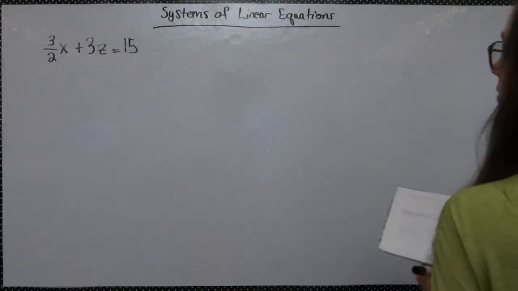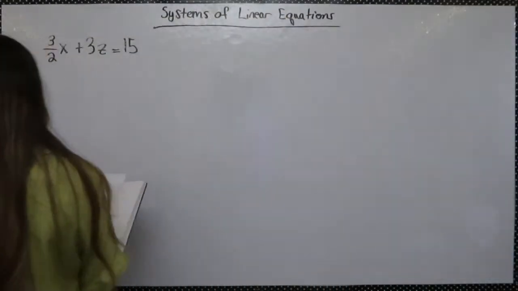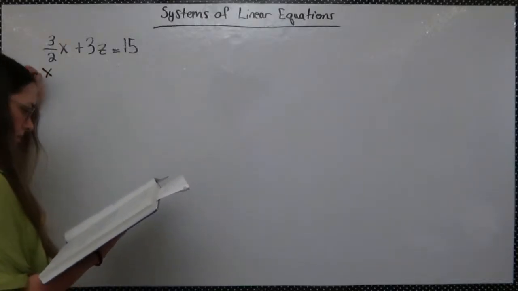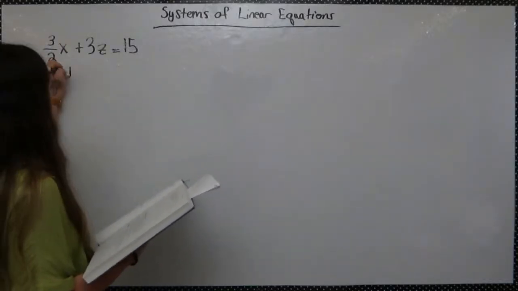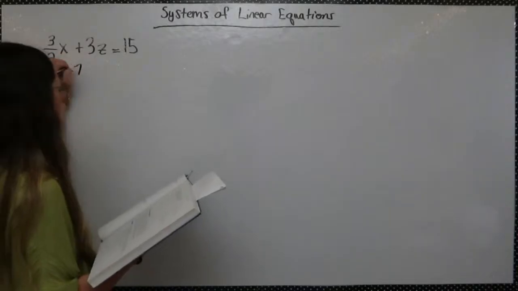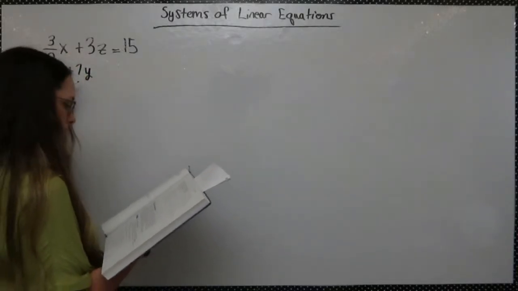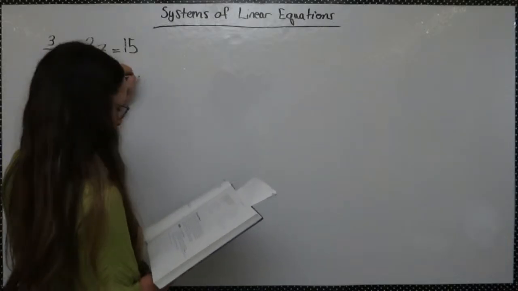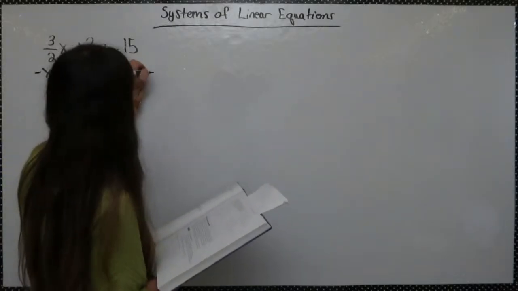Then we have negative x plus 7y minus 9z, and that equals negative 45.